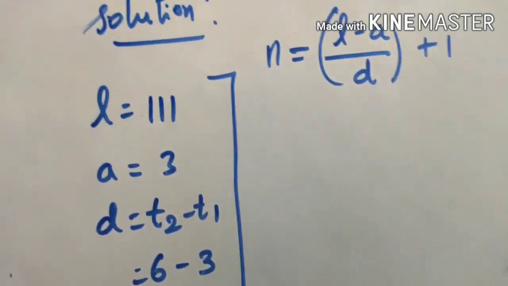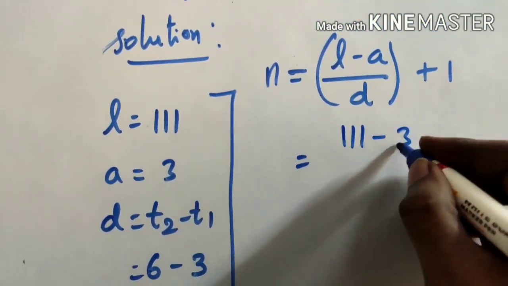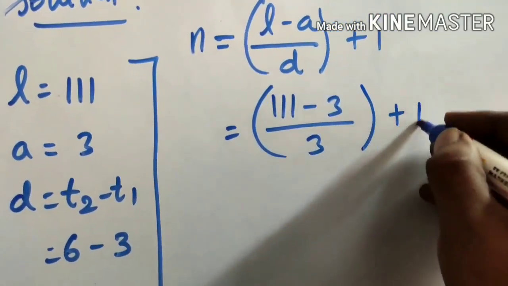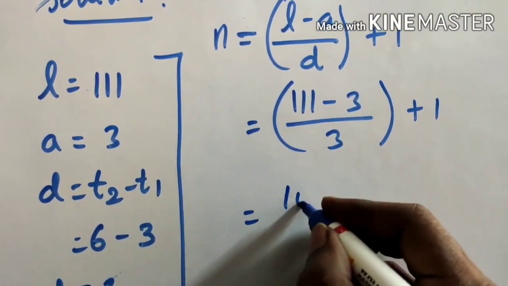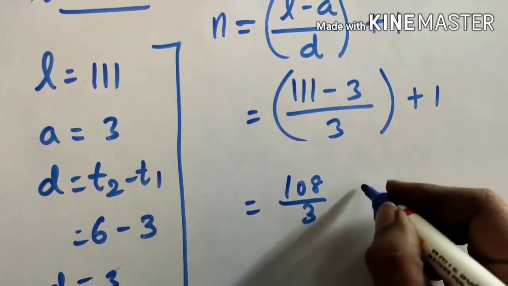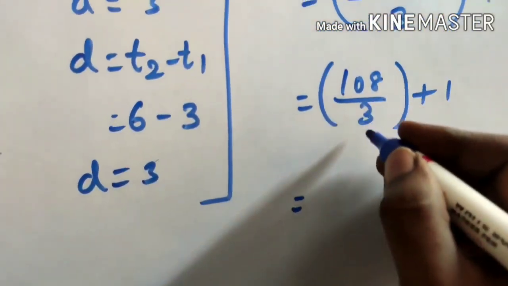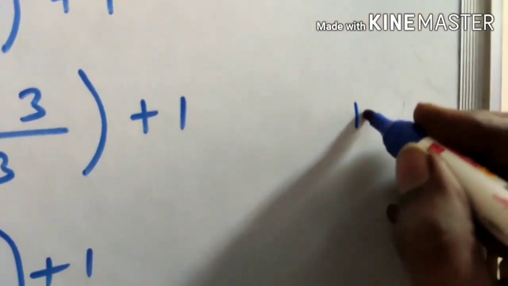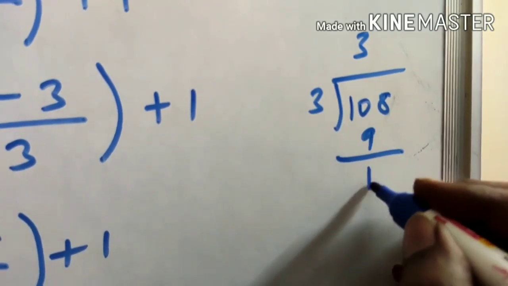Now we are going to apply this. n equal to (L 111 minus A 3) by D, which is 3, plus 1. So first subtract 111 minus 3, 108, by 3, plus 1. But always use the bracket. So 108 by 3, you cancel, or if you want to divide, you go and divide. 3 3s are 9, remaining 1.